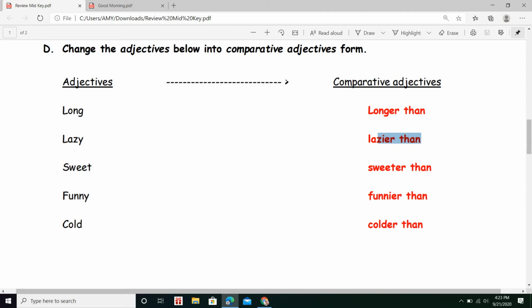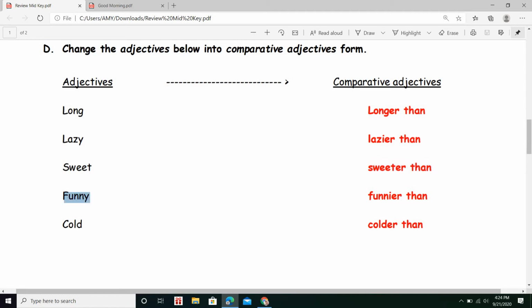Okay, now for sweet. For the adjective sweet, we simply add er and then it becomes sweeter than.